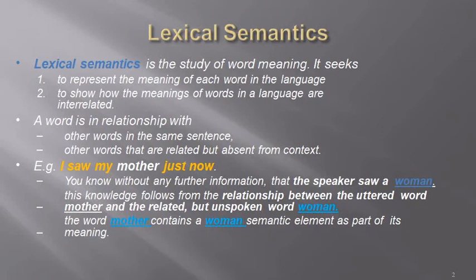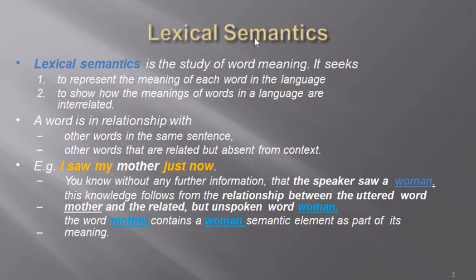In other words, we can also define lexical semantics as one of the branches of linguistics, logically concerned with meaning, as I told you, the study of word meaning. There are two main areas under this branch: logical semantics, which is concerned with matters such as sense and reference, and lexical semantics.